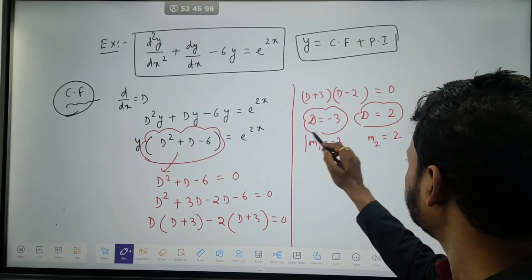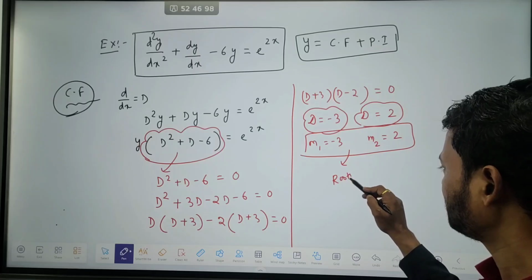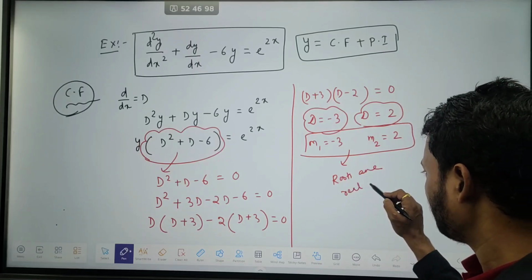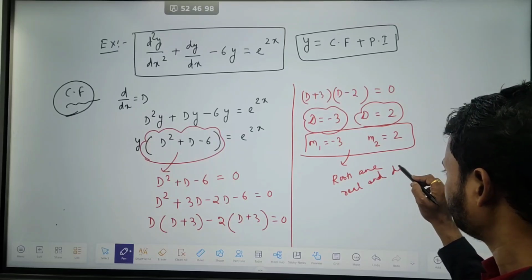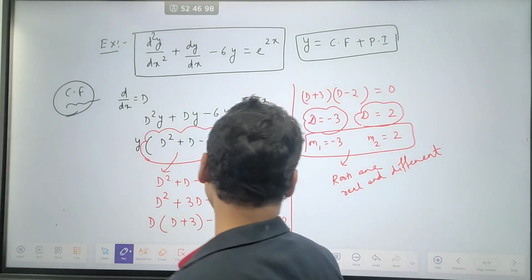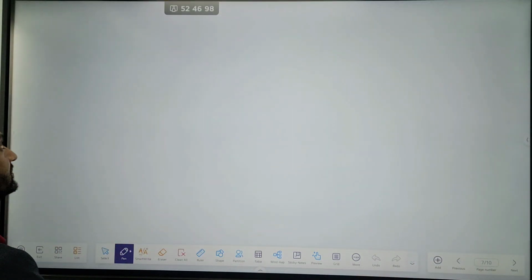So what is the nature of these roots? The roots are real and different. Real and different. Getting my point? If roots are real and different, what is the general solution?